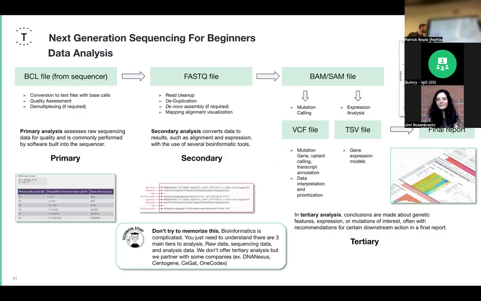Q40 means that 1 in 10,000 bases are incorporated incorrectly. You're starting to get sequencers in the parts per million, parts per billion range. So you're starting to look at Q50s that Element claims they can get, which means 1 in 100,000 bases are incorporated incorrectly. And then you could potentially get up to Q60s, which is 1 in a million bases incorporated incorrectly, or 99.9999% accurate.